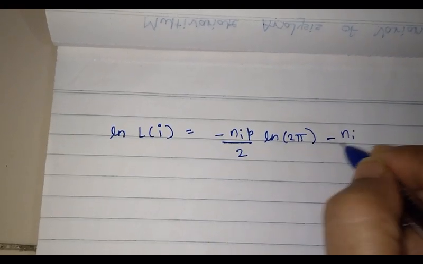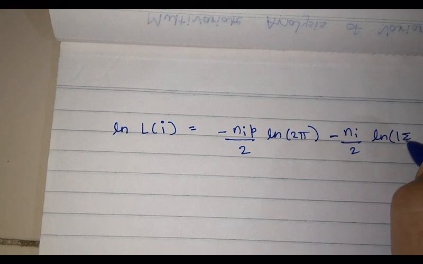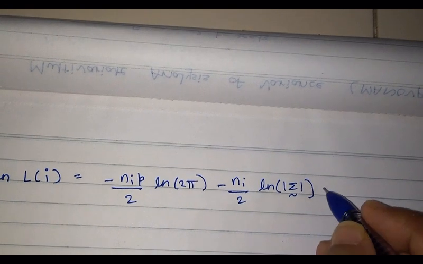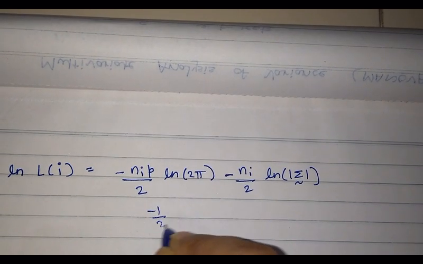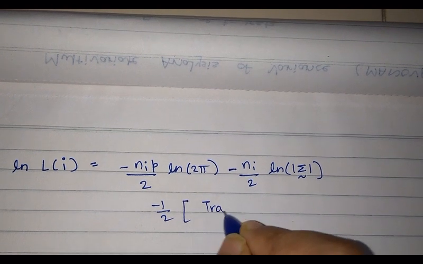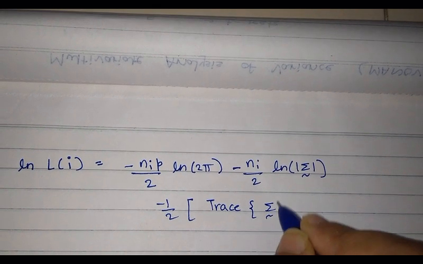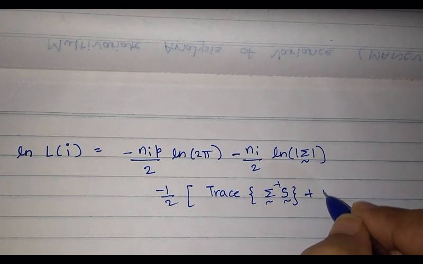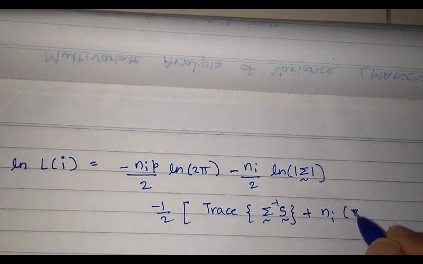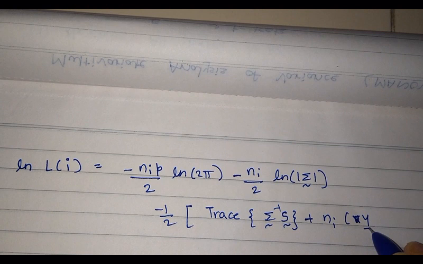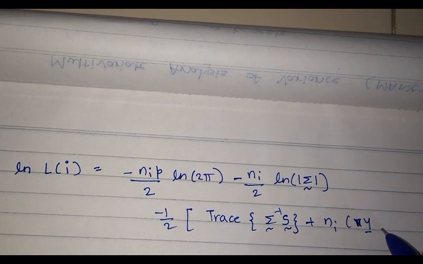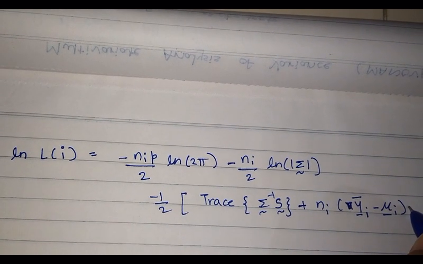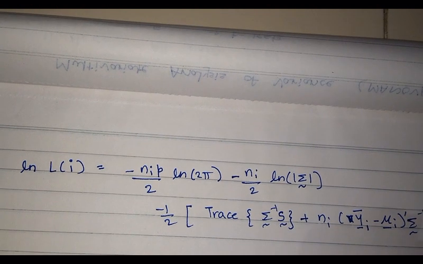minus n_i by 2 log of determinant of sigma, because sigma is common so I don't have i coming here, and then minus half trace of sigma inverse S_i plus n_i, then y_i bar, that is the mean of the ith sample, minus mu_i prime sigma inverse.